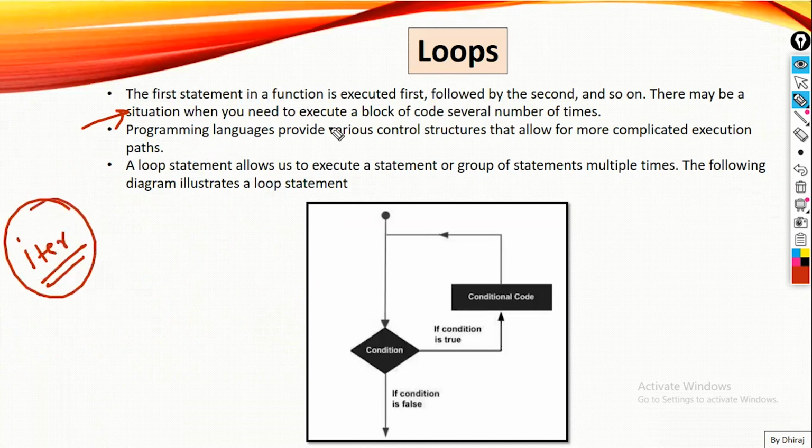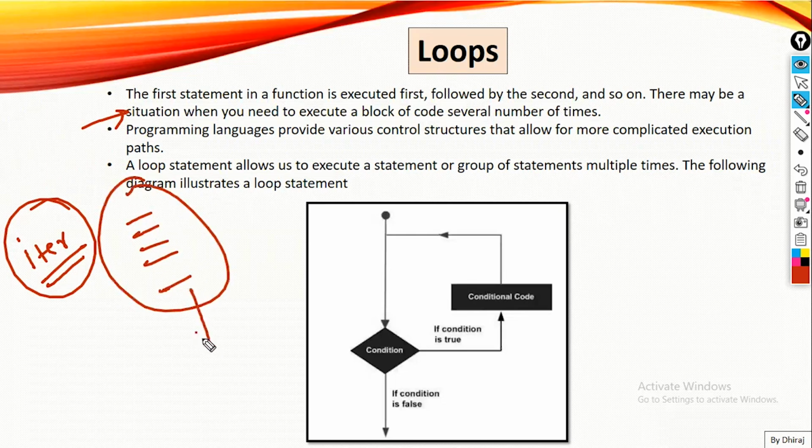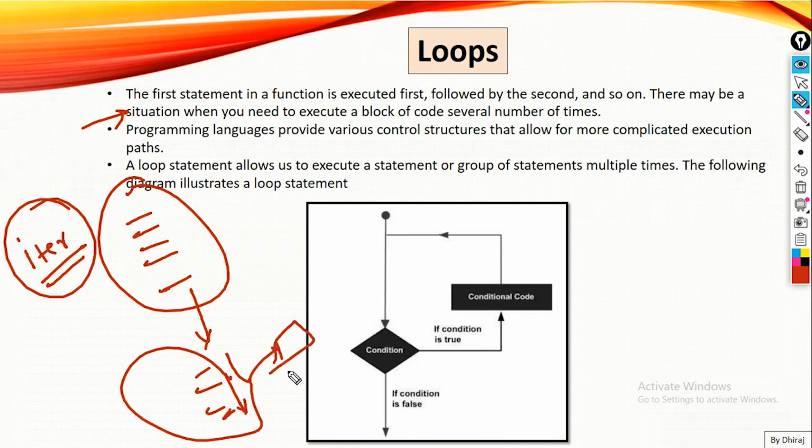Now, the programming language provides various control structures that allow for more complicated executions and paths. Obviously, if you are printing something and want to save your time, why should you write your code one more time? These lines will be stored in your memory and it will allocate memory, so it is a wastage of memory if you are writing the same code again.